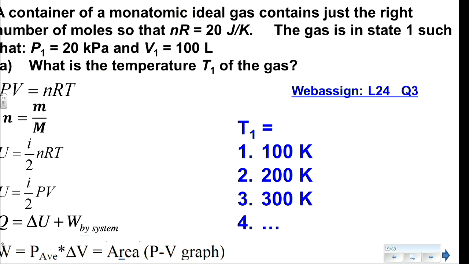What do we want to relate? We want to relate pressure, volume, and temperature for the state number 1. This relationship, as any other relationship in physics, is given by a specific mathematical expression.